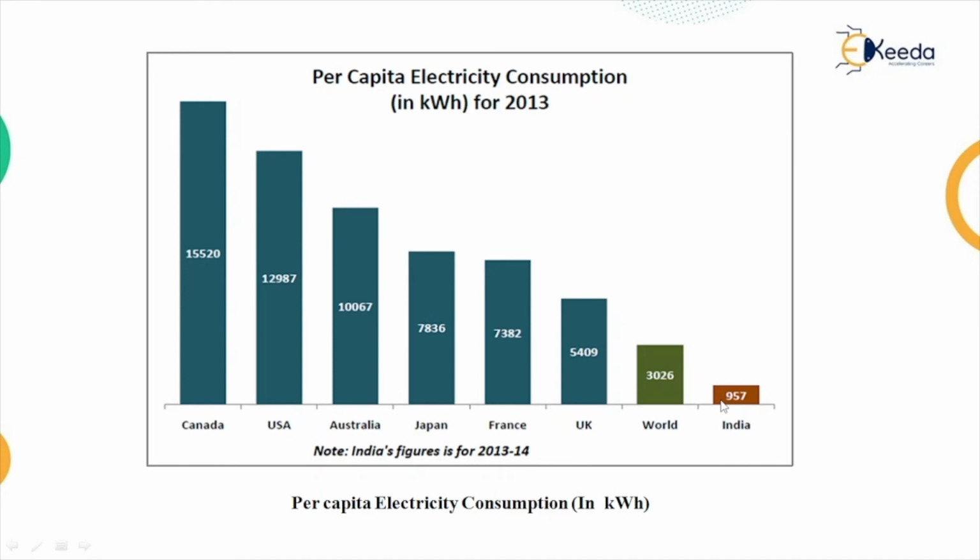Per capita energy consumption is the energy used per person. In India it is very low, 957, which is also less than the average of the world, in 13-14.